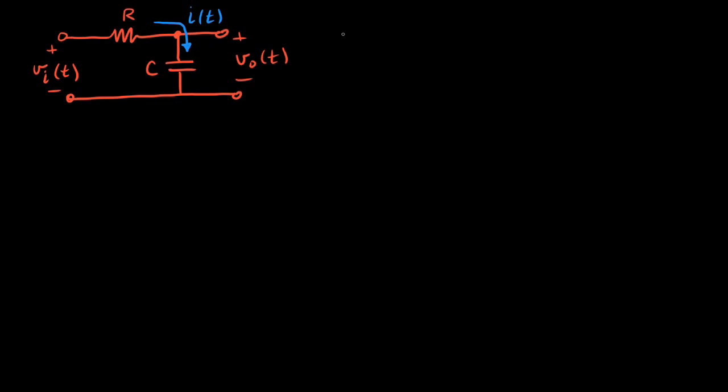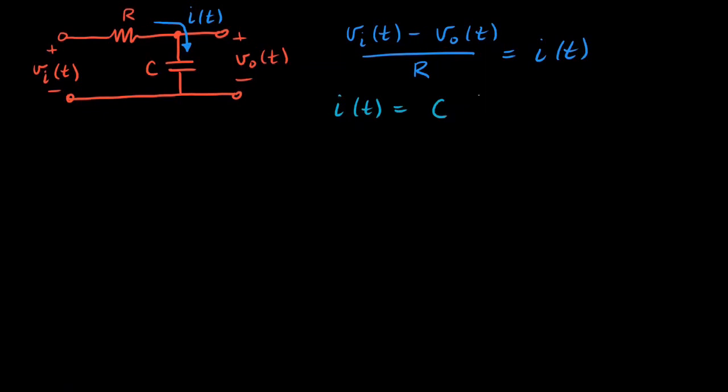Because I can write a current equation, I can say that V in of t minus V out of t over R equals I of t. So that's my current. And I also know, because of the capacitor relationship, that the current I of t is C dV out of t dt.